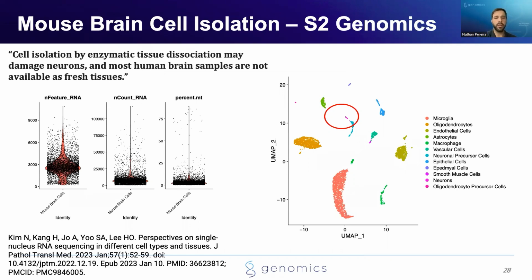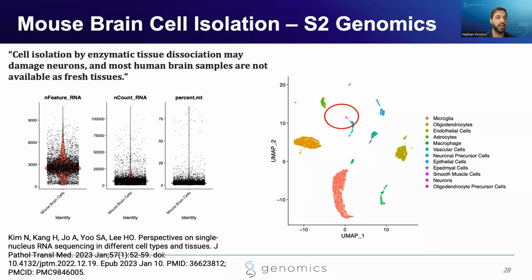So again, talking about this cell type representation, this comes from the same group. This data comes from us, but the notion of cell isolation by enzymatic dissociation, especially in brain, causes damage to neurons. Neurons are extremely difficult to isolate in cell isolations, especially in a quick manner, even for manual methods.